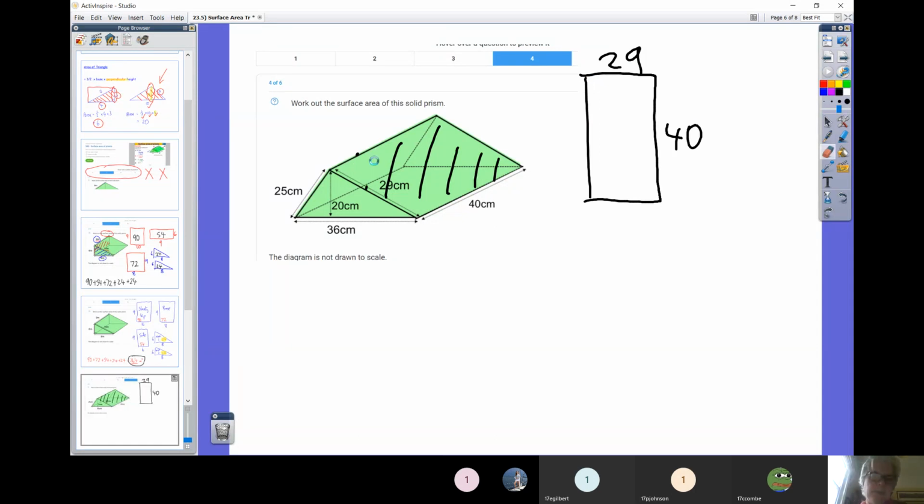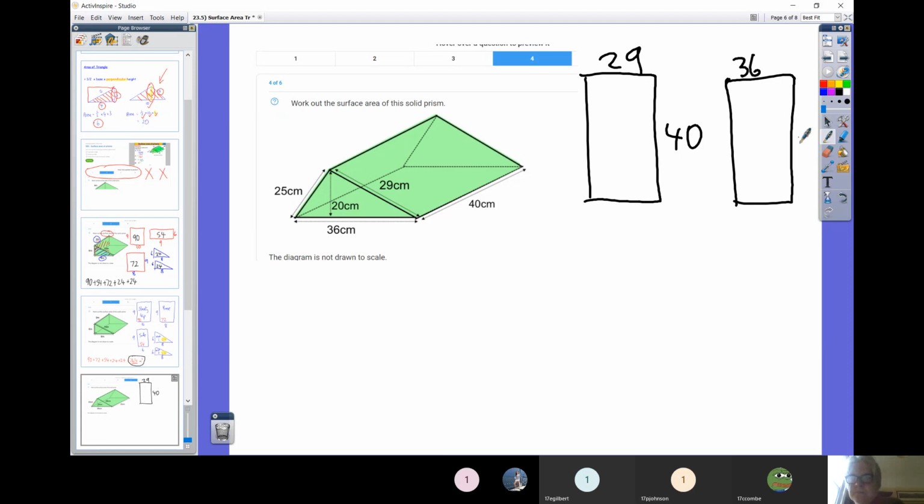We've then got the base, which has got sides of 36 and 40. We've got the left-hand side rectangle, that face there. That's our 3rd rectangle.